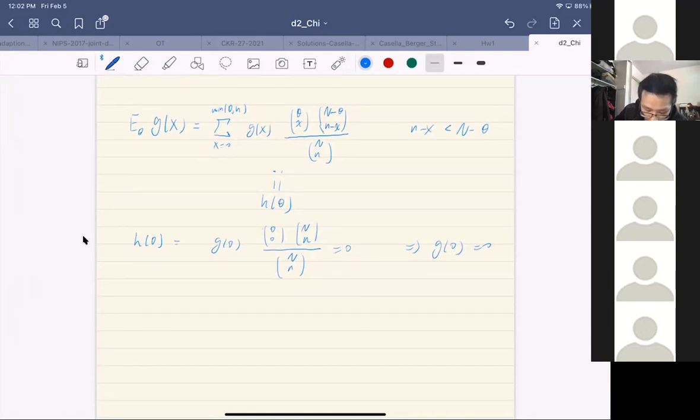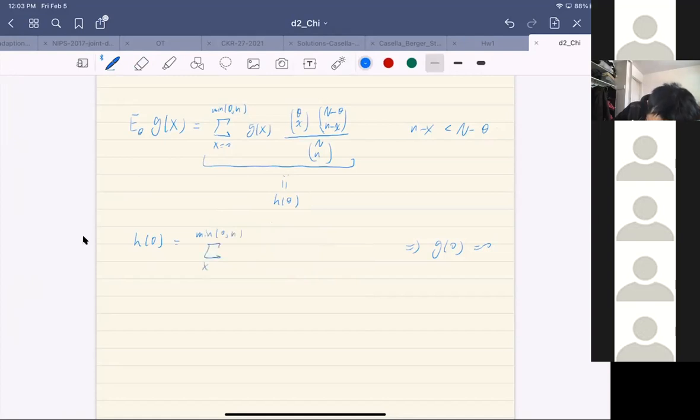Why are you plugging 0 into G? Can you explain just H? What is H of 0? I'm not quite sure. So I define this function as h of theta. So now I find theta equal to 0. So the minimum 0 n, summation x equal to 0 g of x, 0 choose x, n choose n minus x.